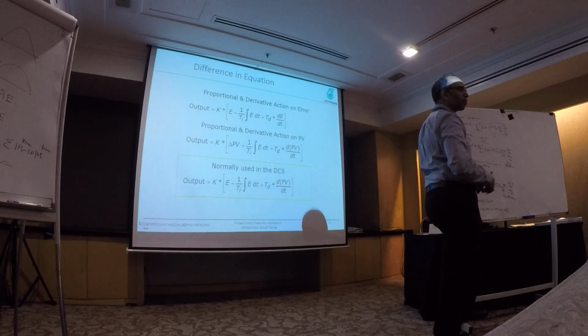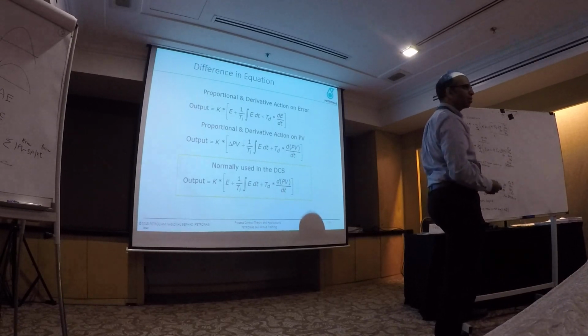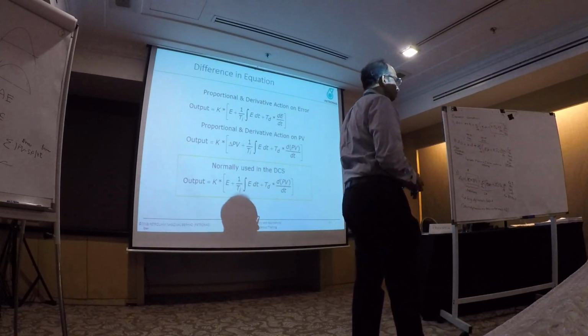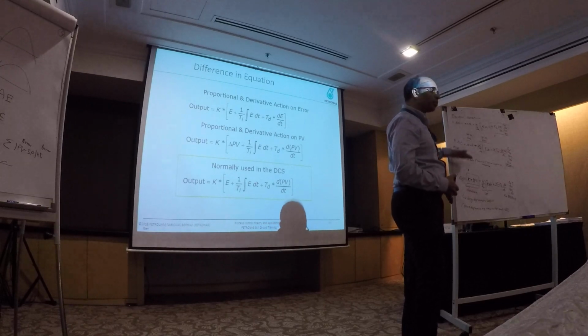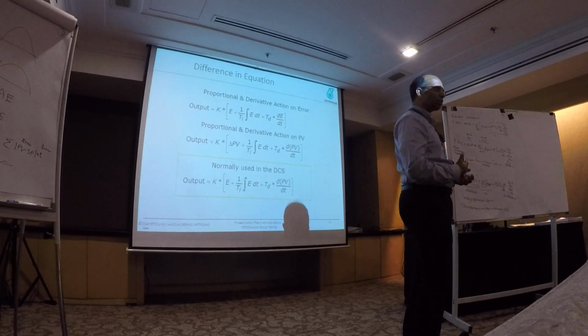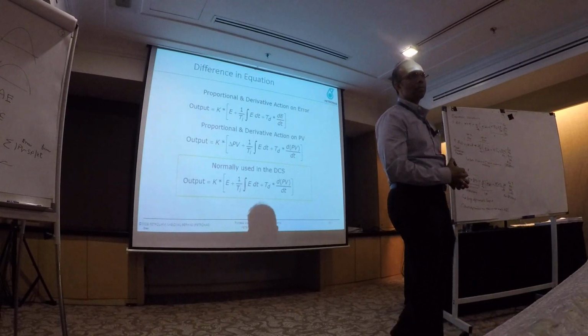Because when the operator does a set point change, nothing happens. It happens here, but because this is divided by an integral term, the impact is very small. So generally when you go from here to here, we actually require you to increase the gain of the controller, or else it becomes very sluggish.